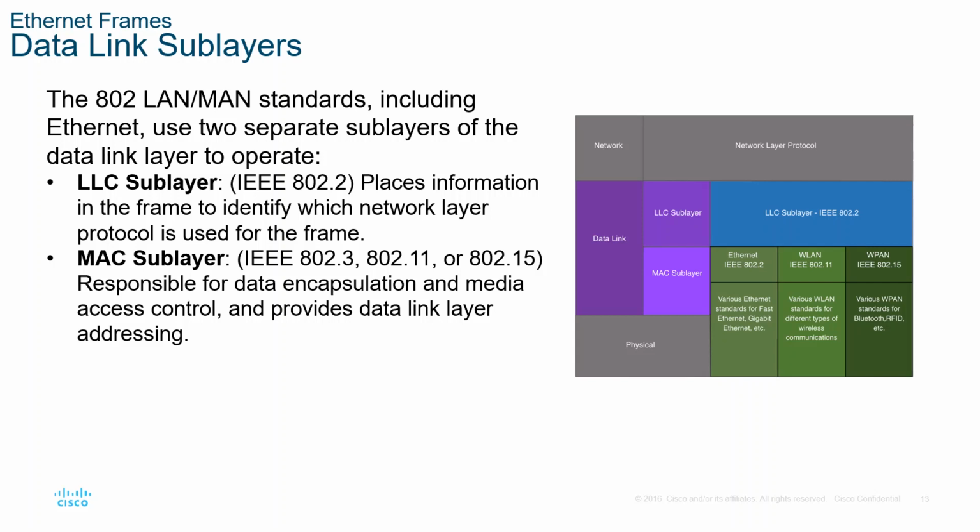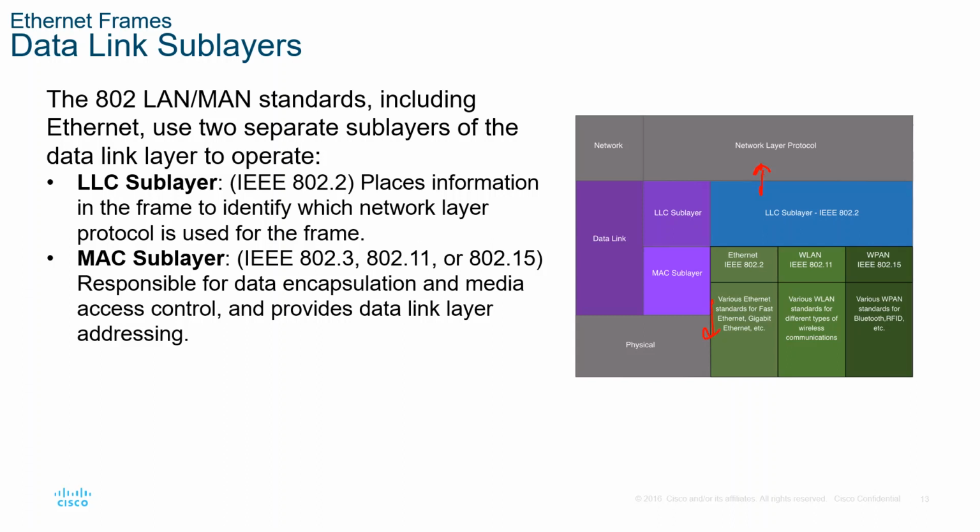So let us look at the logical link control sublayer. This sublayer is defined in IEEE 802.2. What it does is allow communication between the networking software on the upper layers, which is from the network layer to the application layer, and the device hardware of the lower layers.